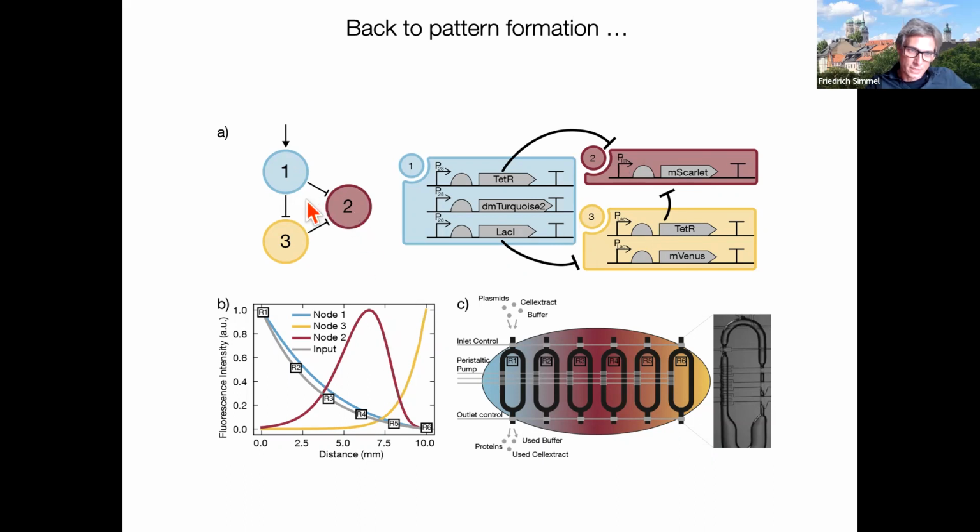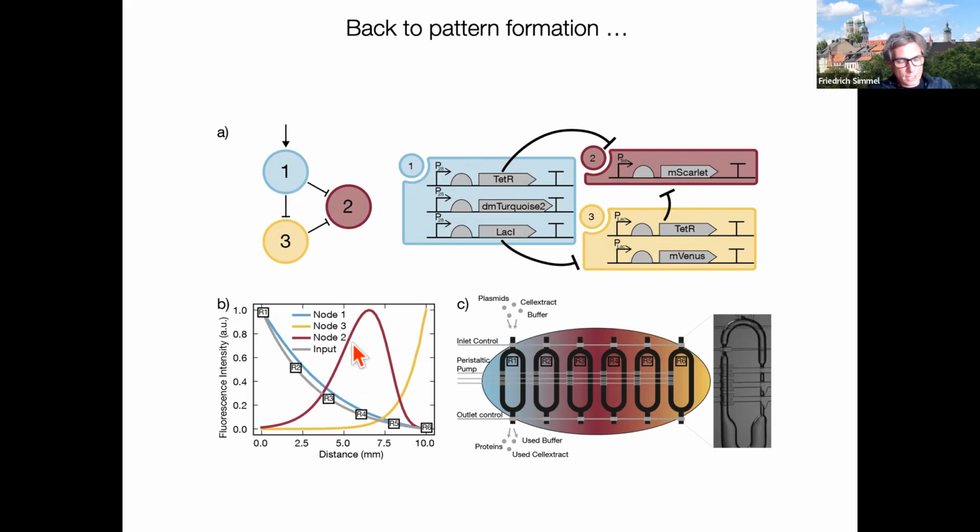Whereas when we have a lower expression of this LUC-I here, we would switch on TET-R, and that would then repress the M scarlet.